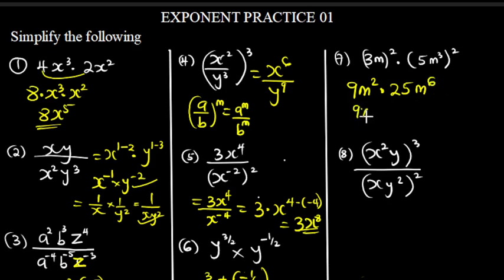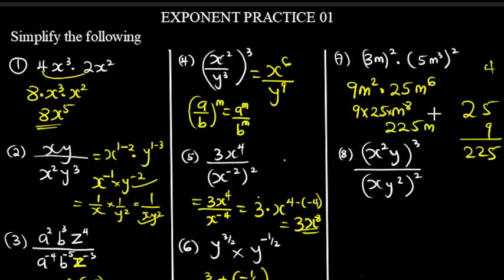So this becomes 9 times 25 times m to the power of, we'll add the powers since it's the same base, 2 plus 6 is 8. So 25 multiplied by 9: 9 times 5 is 45, 9 times 2 is 18, 18 plus 4 is 22, so we'll have 225m to the power of 8.